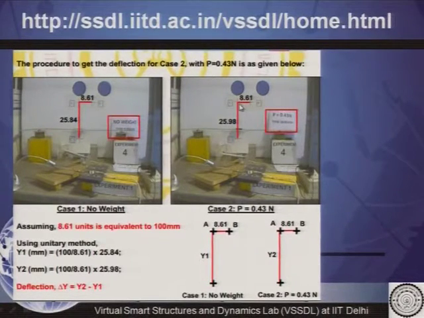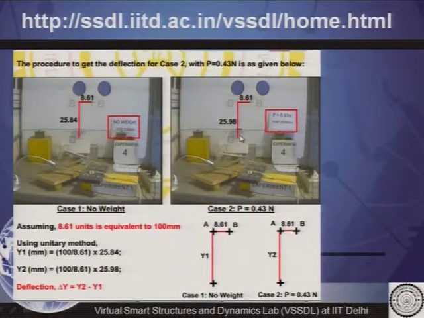Similarly, he will capture the picture for the second case when there is one weight kept on the beam. Now, the beam is expected to deflect under this load and the length between C and AB is expected to increase.